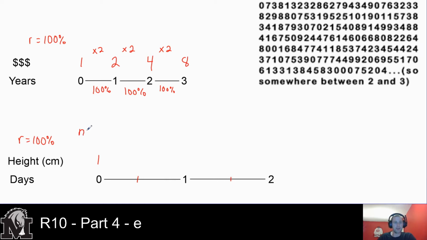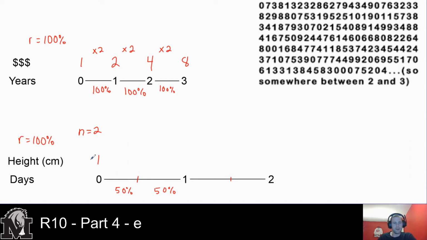So n represents our compounding periods, and in this case, that's going to be 2. If we're breaking this 100% into 2 separate spaces, then we have 50% with our first compounding period, and then another 50% in the second compounding period, adding up to our full 100%.